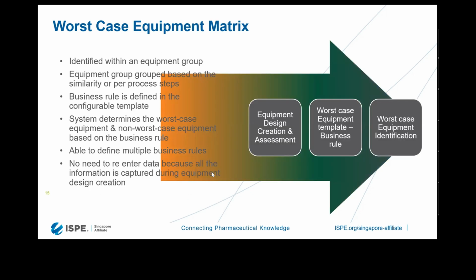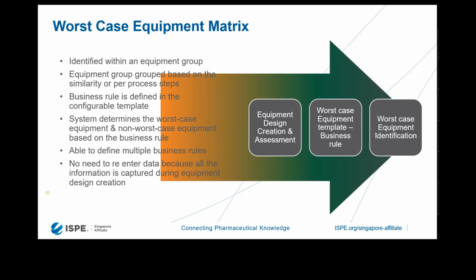The same concept applies to worst case equipment. Why is equipment grouping helpful? Equipment grouping is very helpful because at the end of the day, without equipment, you cannot manufacture drug product, and without the equipment and product combination, you cannot perform the cleaning process. So how do you reduce that validation effort?